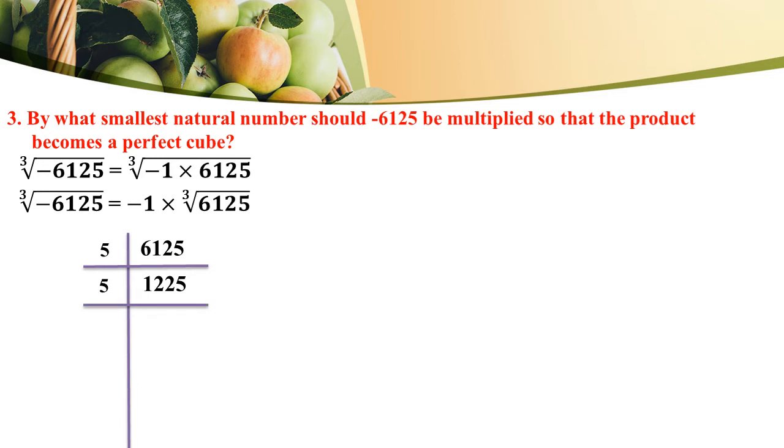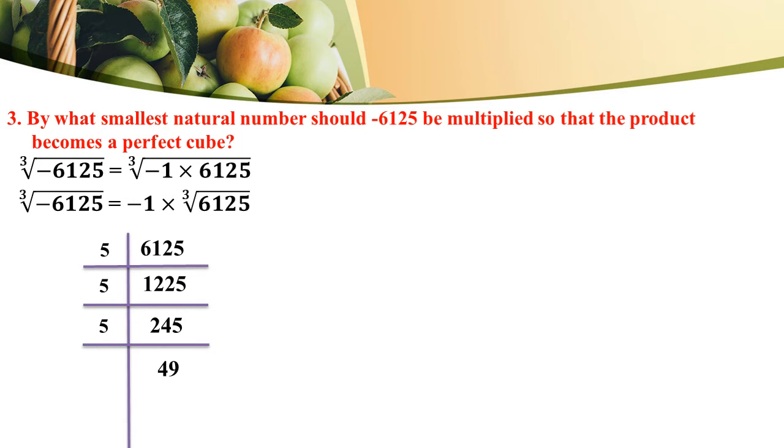Again, we take 5. Divide 1225 by 5, we will get 245. Here also the ones digit is 5, so we can divide by 5. The answer is 49. 49 is not divisible by 5.